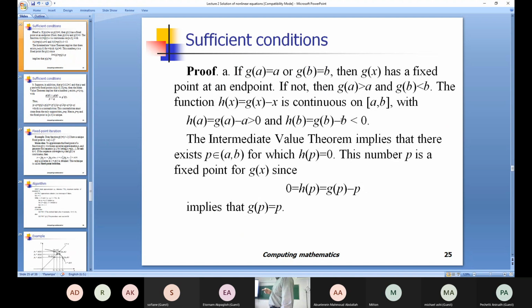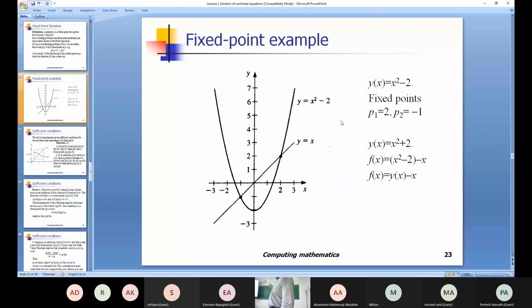According to our consideration here, how do we reformulate this problem into a fixed point problem? This is a root finding problem. Here we are going to find some point x star for which f of x star equals 0.